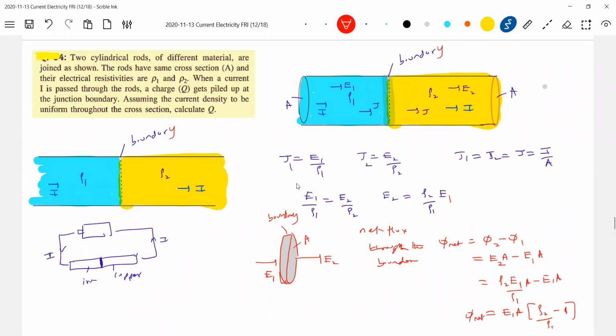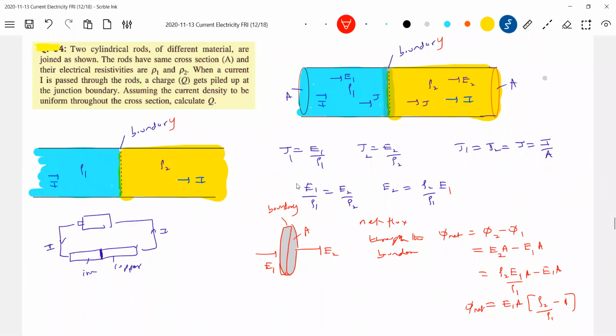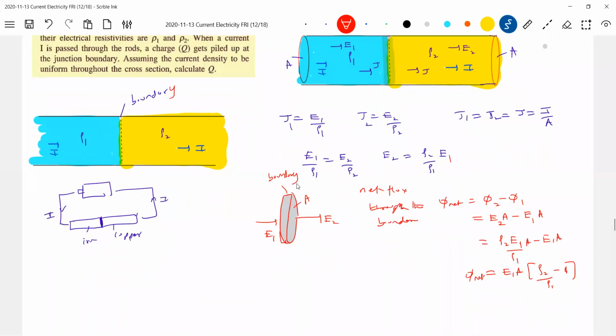There's a net flux through the boundary, so net flux is non-zero. So it should be equal to the charge enclosed divided by epsilon naught, Q by epsilon naught.